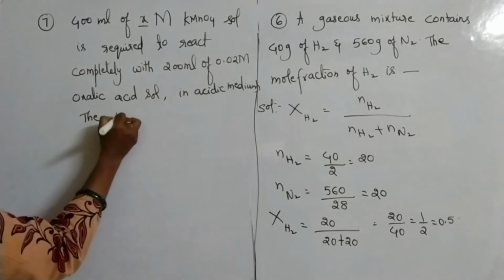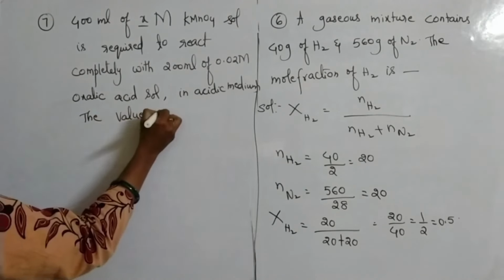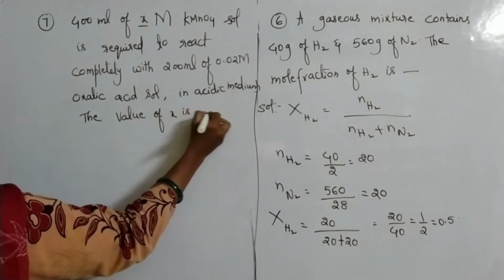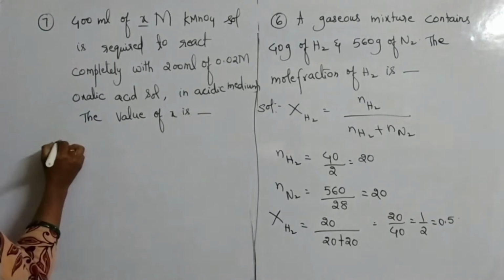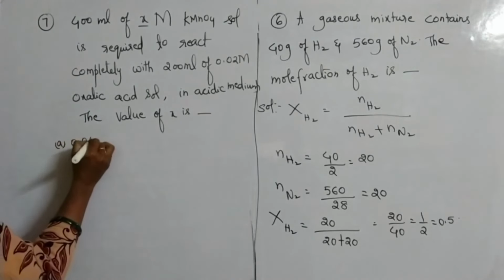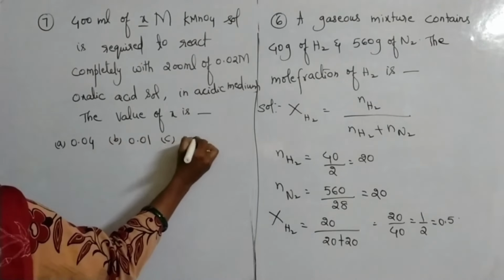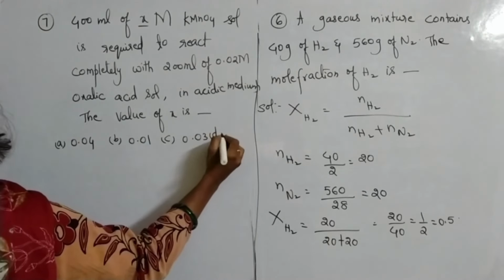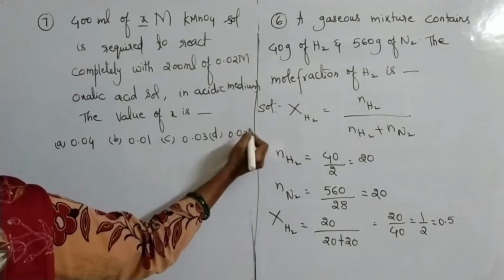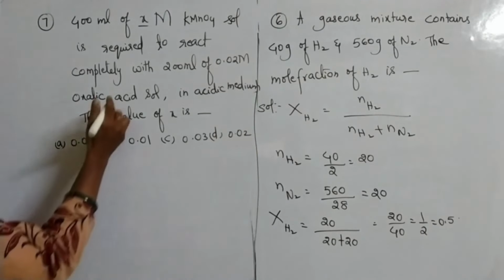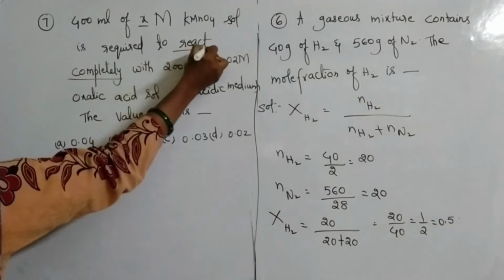Then the value of X is dash. Options are given like this: 0.04, 0.01, 0.03 and 0.02.